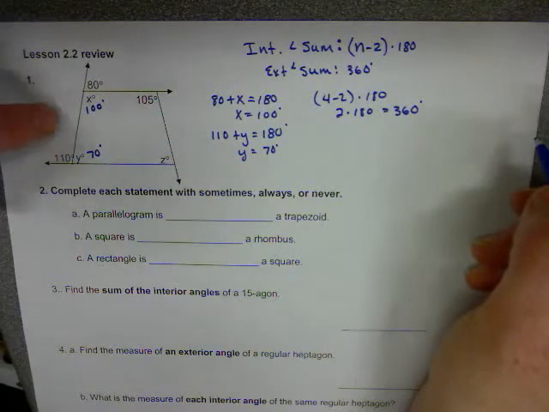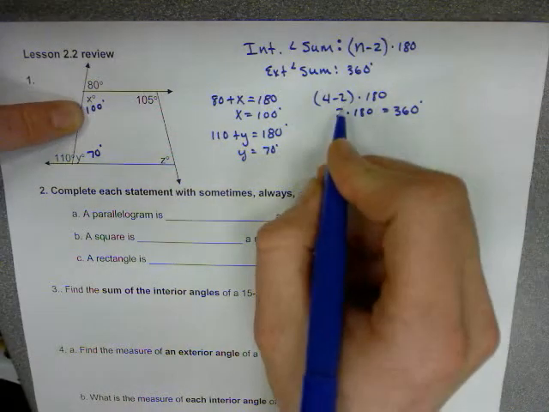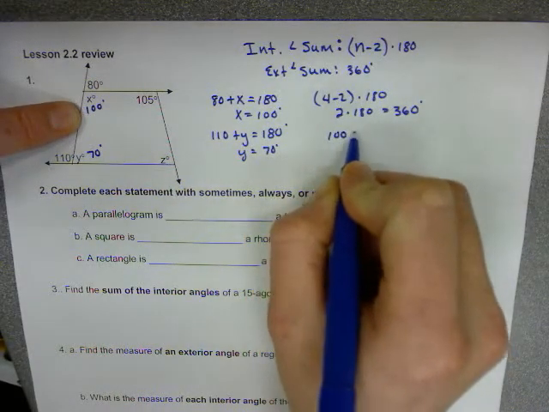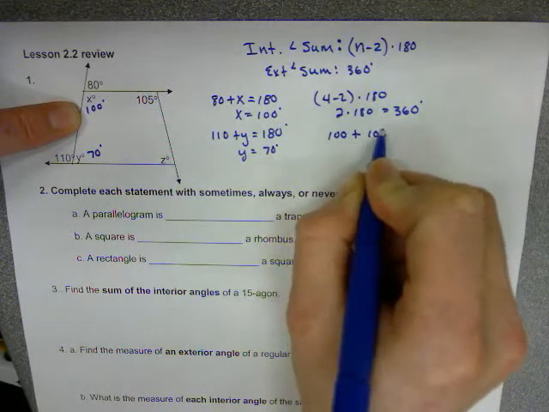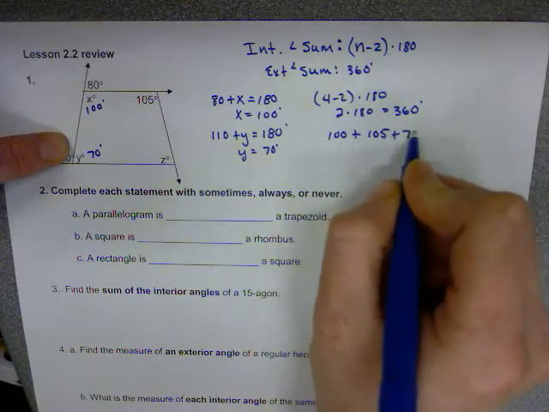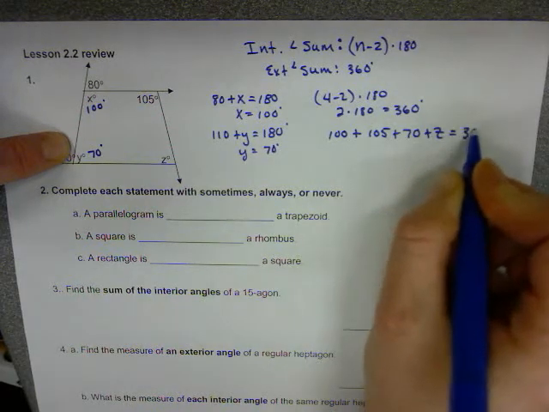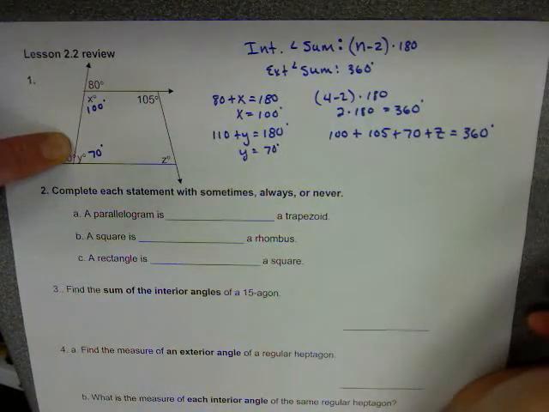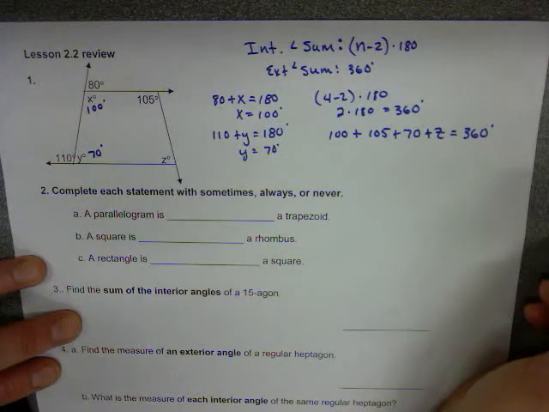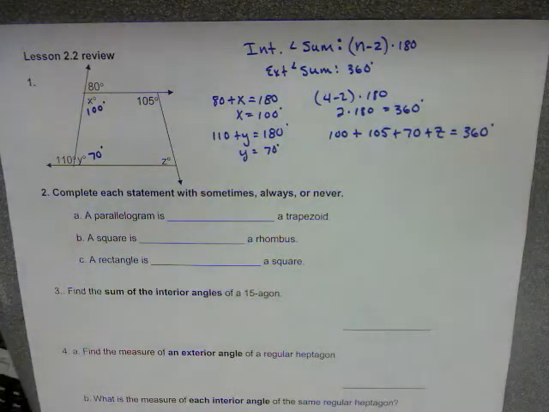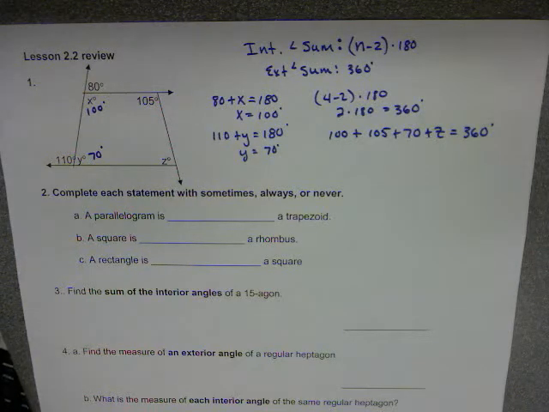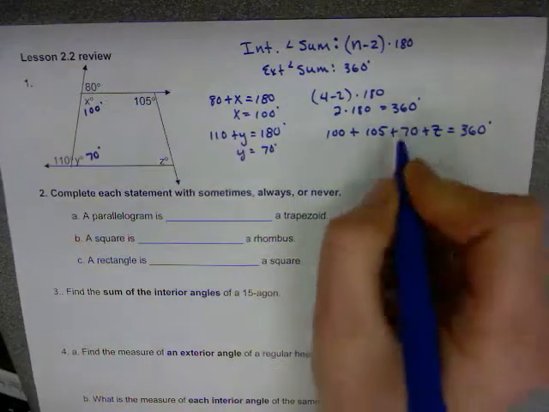So to get z, we need to set up the equation 100 plus 105 plus 70 plus z equals 360 degrees. So we can do some math and add those together. 100 plus 105 plus 70 is 275.